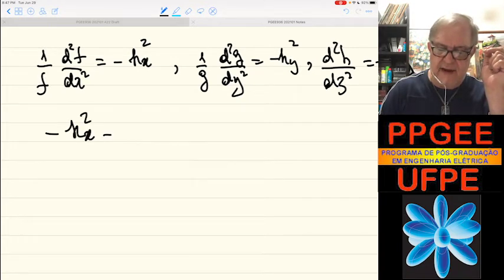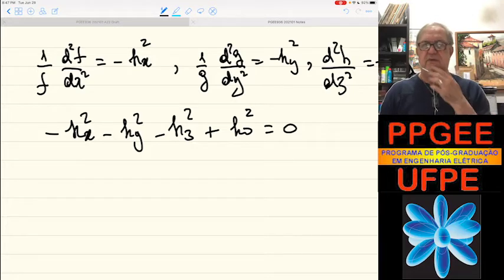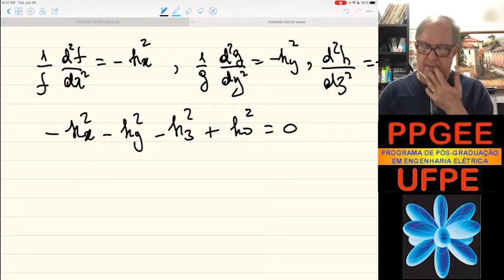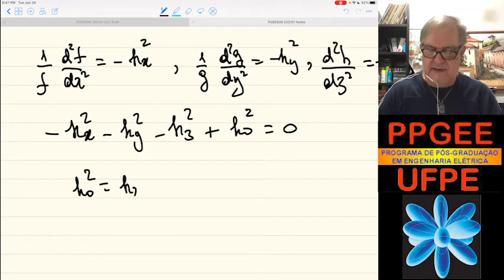kx squared minus ky squared minus kz squared plus k0 squared equals 0, right? So it means that the constants have to be chosen so that k0 squared is the sum of the squares.